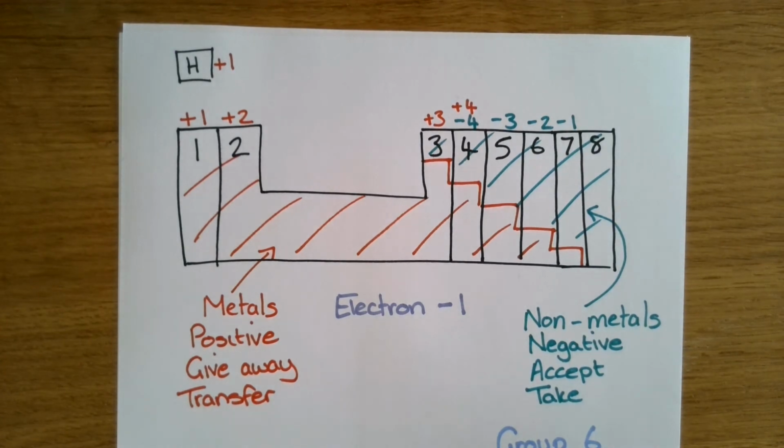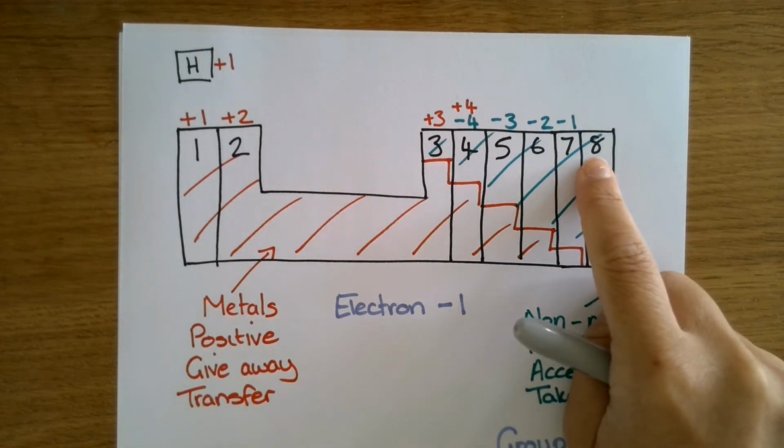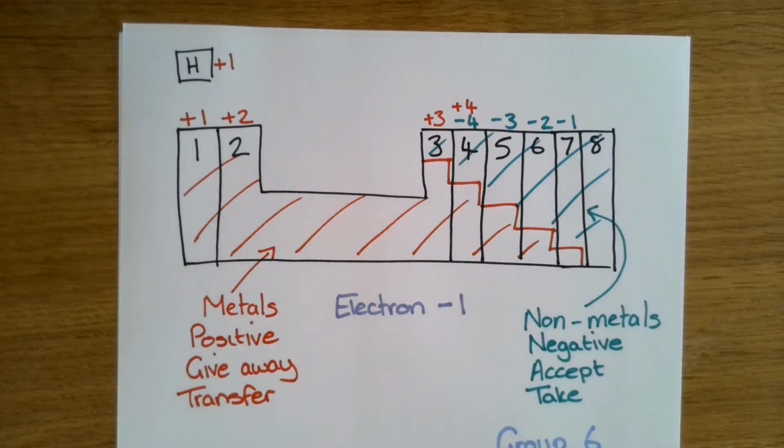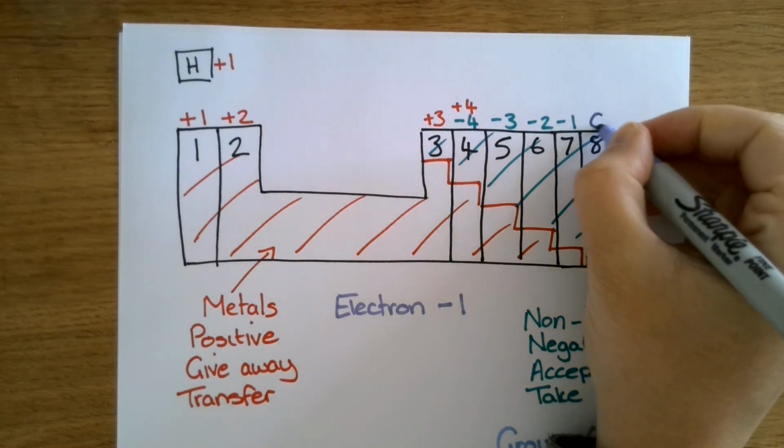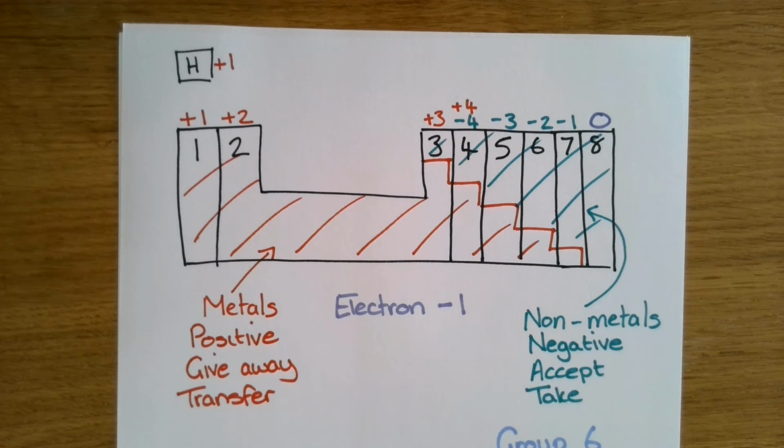That is because they want a full outer shell, and a full outer shell would be to have 8 electrons in their outer shell, which is why our group 8 atoms cannot form ions. They have full outer shells, so they don't want to accept or give away any of their electrons. So they don't get a charge at all. So we need to remember about that number 8 in this. It's going to be important.